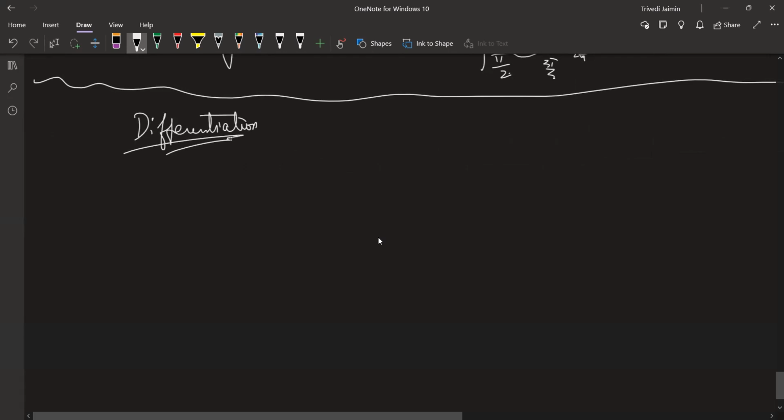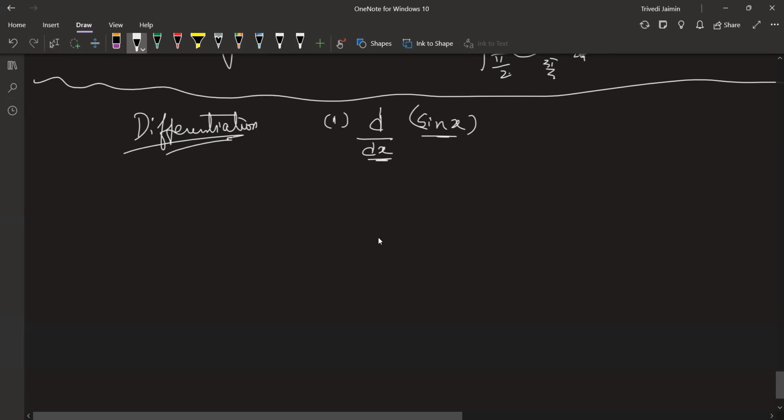Okay, so differentiation means... let's start with an example. First one, d by dx. That means we are differentiating some function. Let's take the function sine x. This is your function. We are differentiating this function with respect to x.